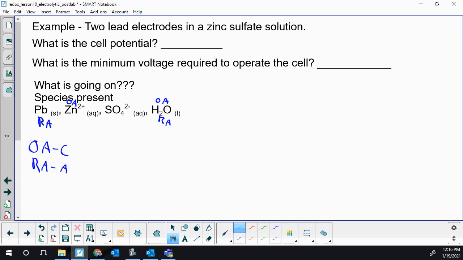But on the RA side, I do see lead and sulfate, middle-ish. Solid lead and sulfate ions are a decent reducing agent.